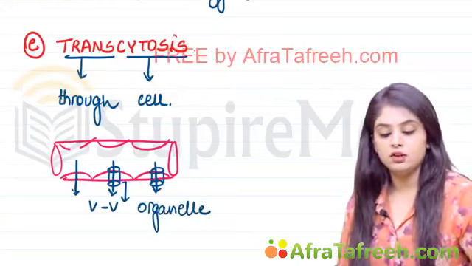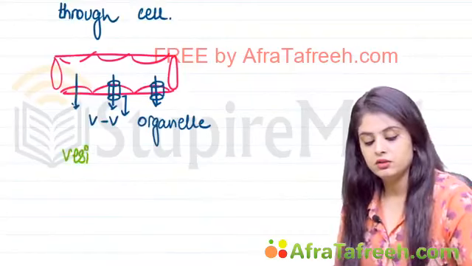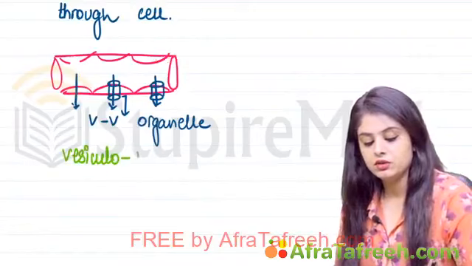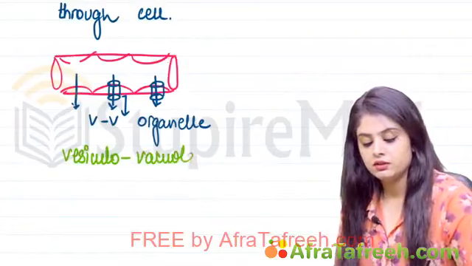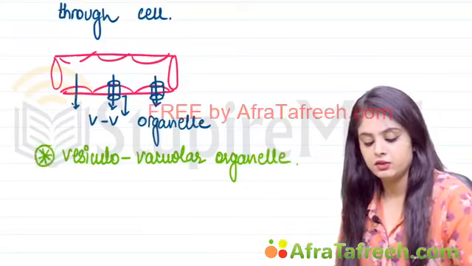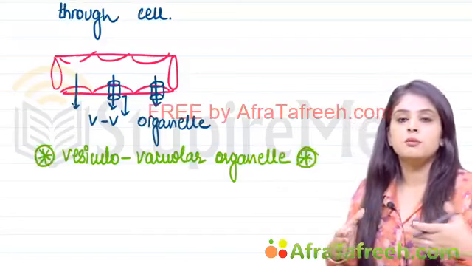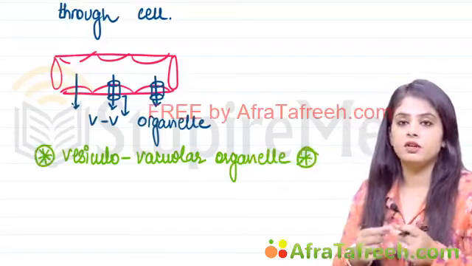This is the VV organelle, also known as the vesiculo-vacuolar organelle. So, through the cell, permeability will increase when this VV organelle is formed.